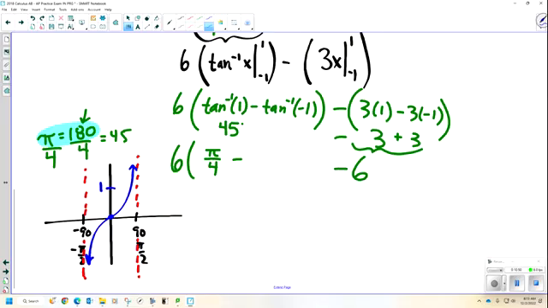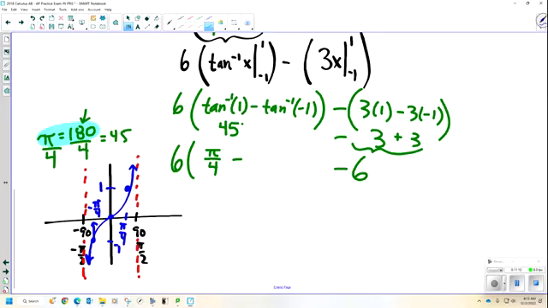Tangent is equal to 1 at this point, which is pi over 4, our 45 degrees. It's equal to -1 at this point, which is negative pi over 4. It's just in the opposite direction. So on your unit circle, what would that be?